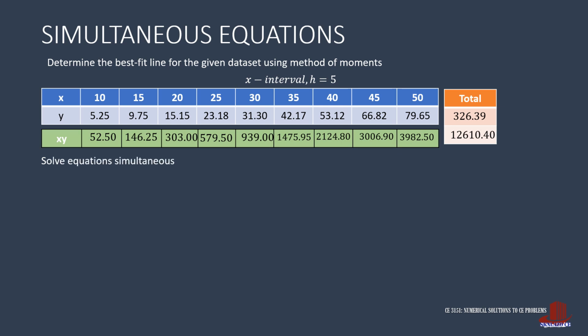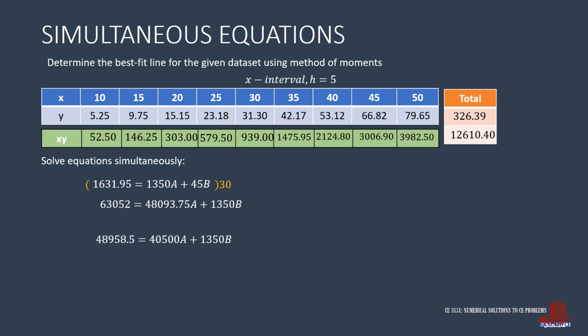If one uses a scientific calculator, then it would be easy to look for the variables a and b from the two moments provided. But then, we use method of elimination to show the solution. As we wanted to eliminate b, multiply the first moment by 30 and have 48,958.5 as equal to 40,500a plus 1,350b.